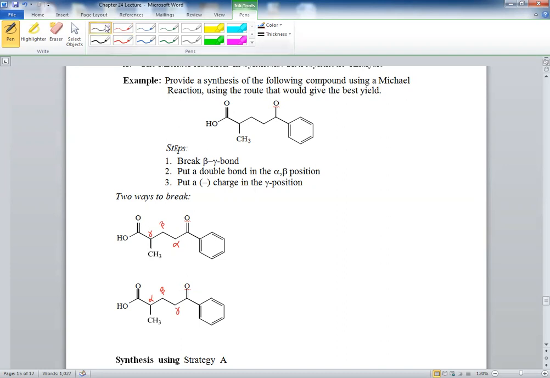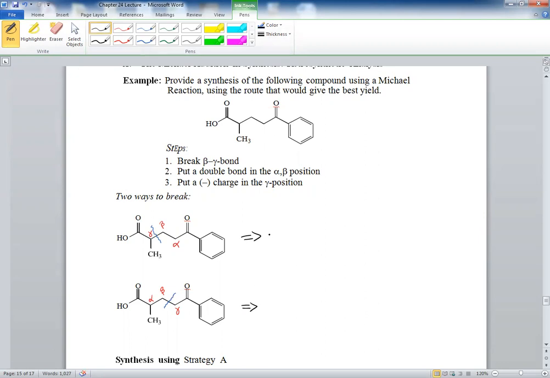So let's take a look at this. If we want to break the beta gamma bond, we break this bond and we would break this bond. So let's take a look at that.